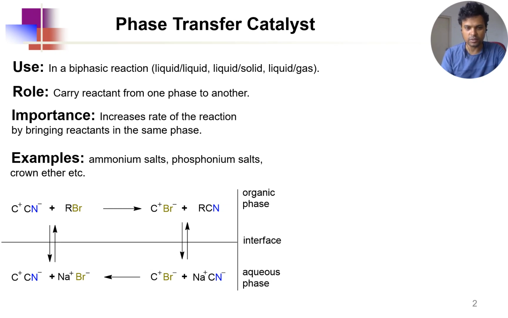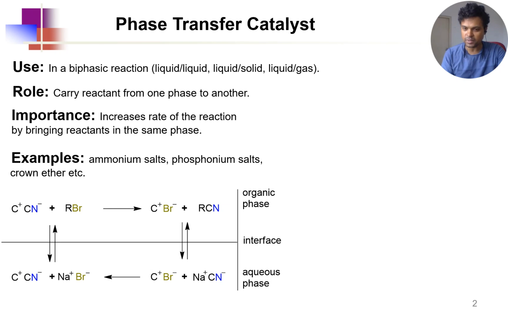So tetrabutyl ammonium bromide will exchange ions with the sodium cyanide. So sodium cyanide now becomes sodium bromide and tetrabutyl ammonium cyanide. Now this tetrabutyl ammonium cyanide is soluble in water as well as in the organic phase. Now this will be taken to the organic layer. Now you see my cyanide and my bromide are in the same phase and the reaction can happen.